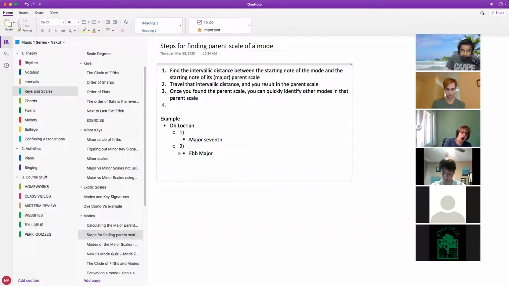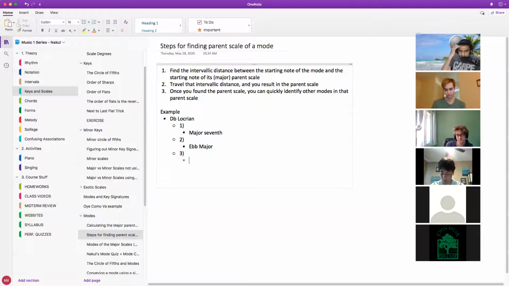This is basically a strategy for what your homework is asking. Well, what is the E double flat major scale? Let's do it. E flat, F, G, A flat, B flat, C, D, E flat. Just double flat everything, or add flats to everything.